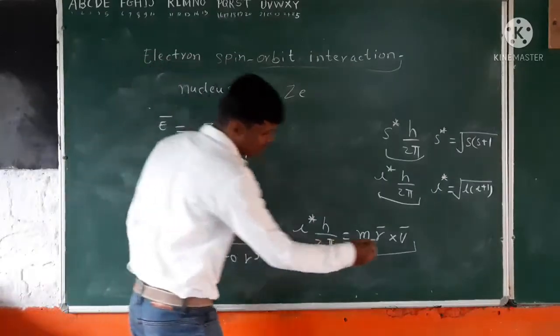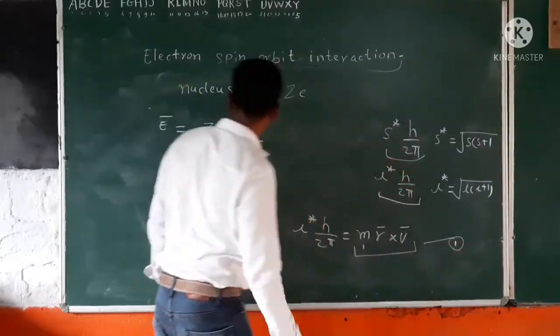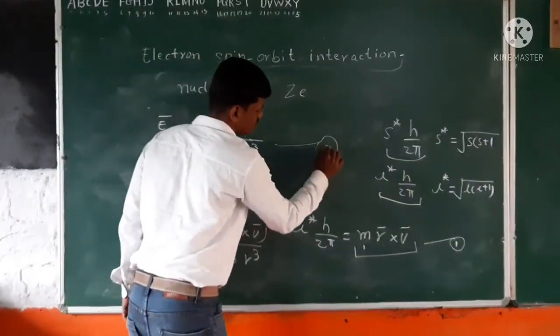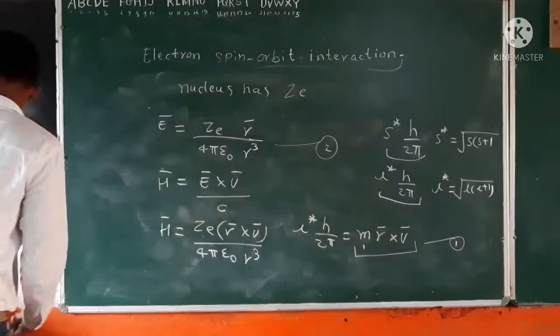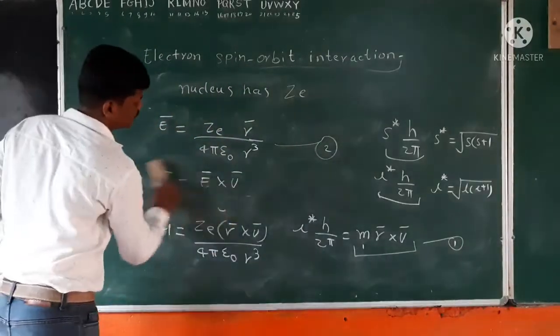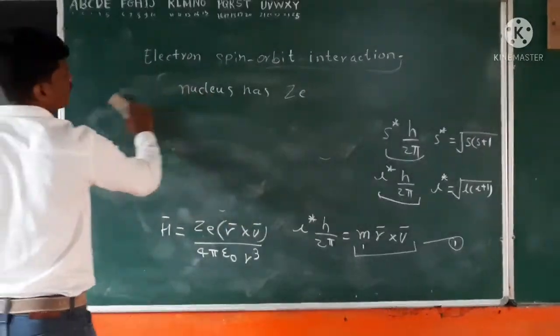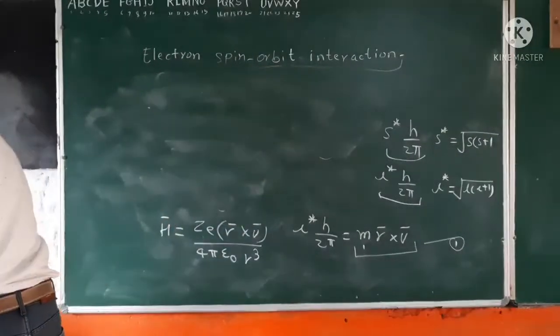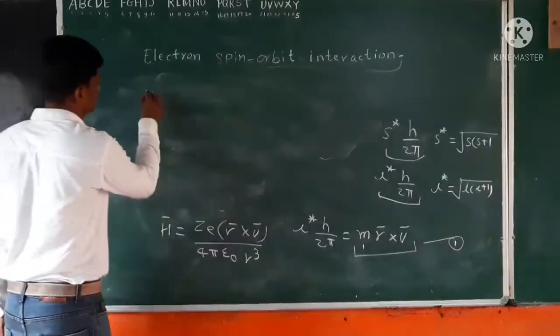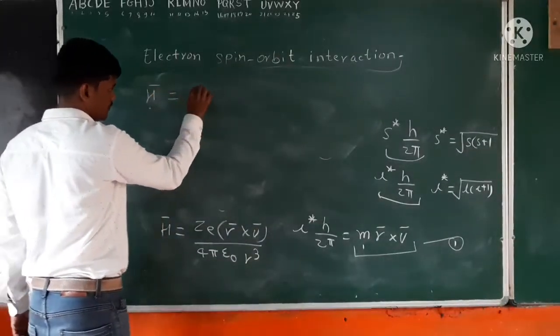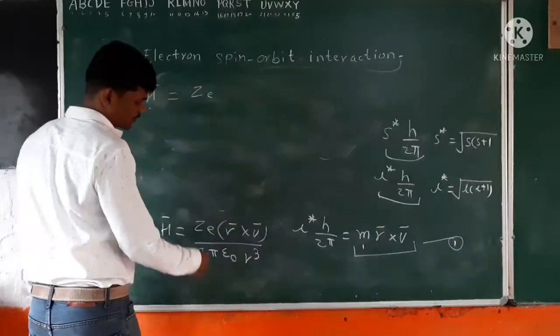Let's say this is equation 1, the electric field, and this is equation 2. Now from equation 1 you can write H as Ze, where Z is the atomic number.